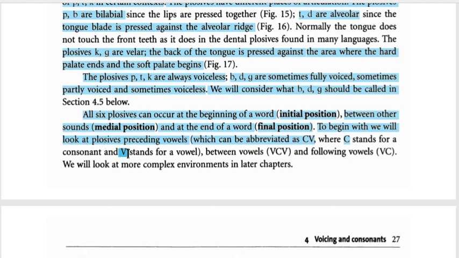CV means the consonant comes first and then the vowel. VCV means a vowel at the beginning, followed by a consonant, and then a vowel. This means the medial position. VC means the vowel precedes the consonant and the consonant is in the final position.